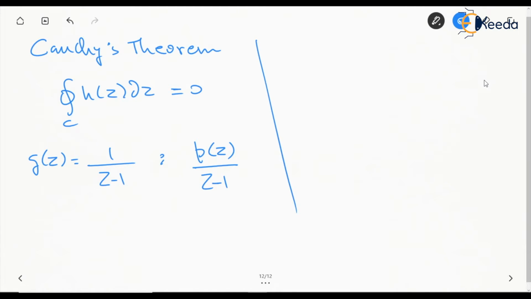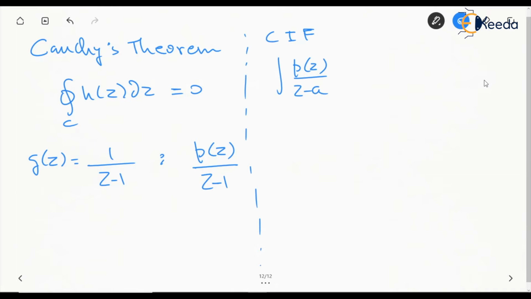Then as per Cauchy's integral formula, we know that the integral of the function p of z by z minus a for some path C is going to be 2 pi i times p of a, if this point a lies within that curve C, right? This is what we know about it.